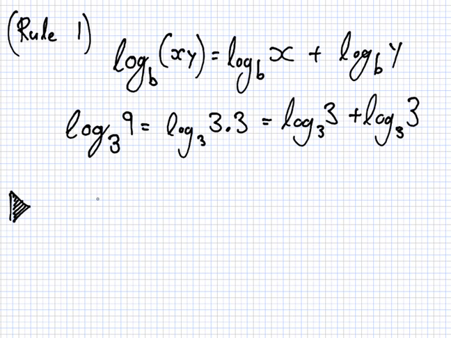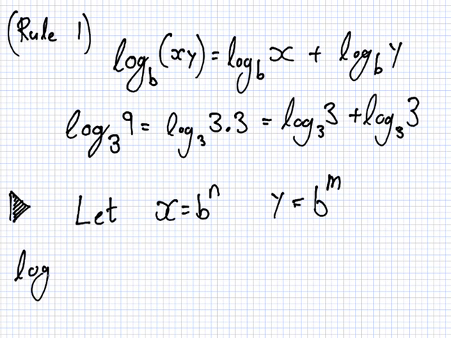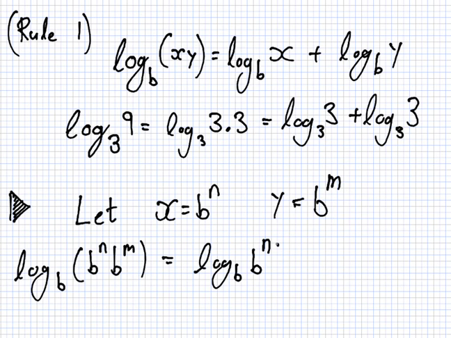So the proof, what we do is we say let x equal b^n and y equal b^m. So then log b of b^n times b^m, because that's x and y now, that's equal to log b of b power n plus m, using the first rule of powers.